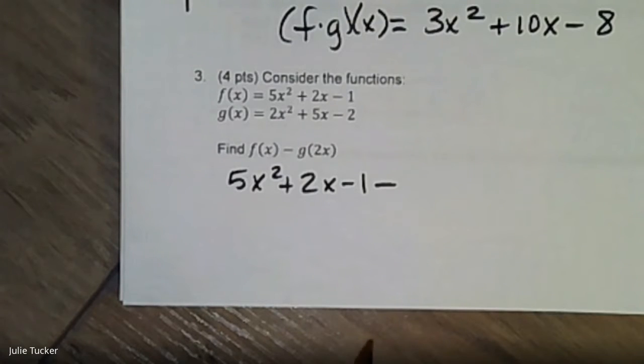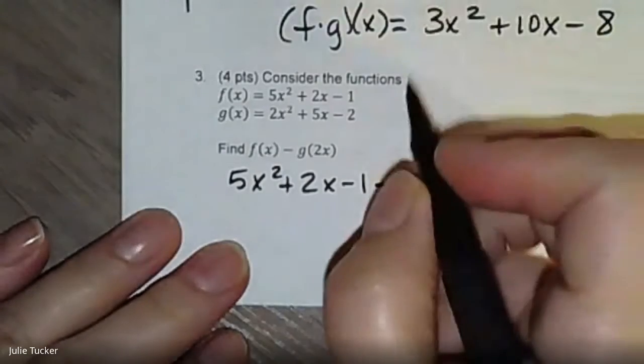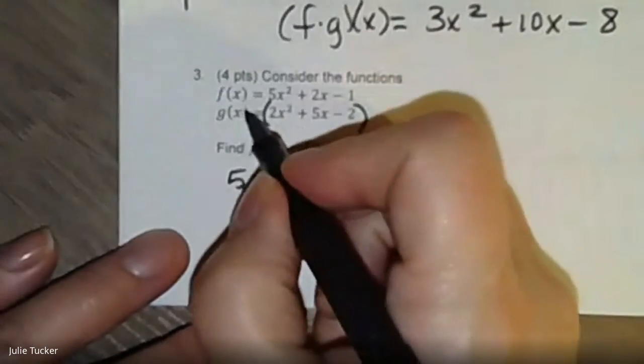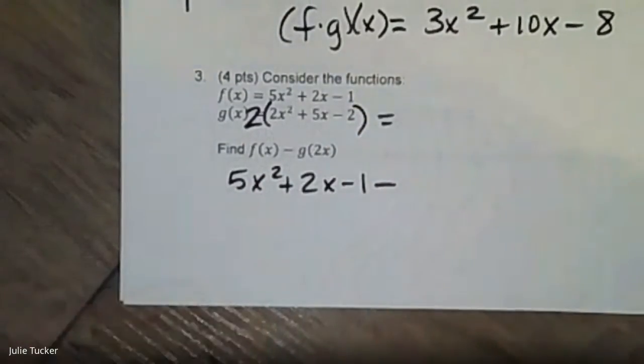So I have to do times 2 on all of g of x, right? So I'm going to go times 2 on all of this. So can you tell me what it will be when I go times 2 on that?